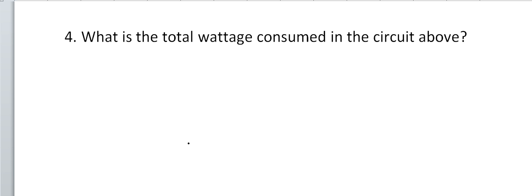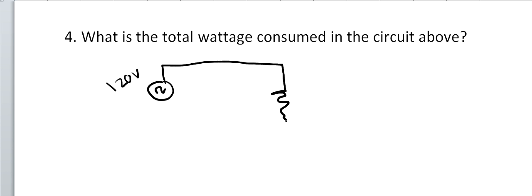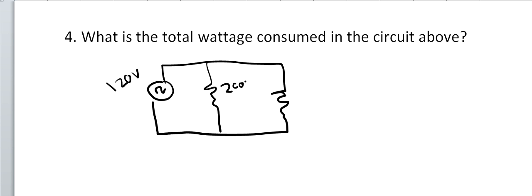What is the total wattage consumed in the circuit above? Well, let's draw that circuit again very quickly. 120 volts. You have your two resistors, each worth 200 ohms. And we determined that the total amperage was 1.2 amps.